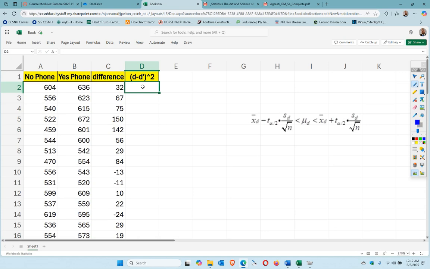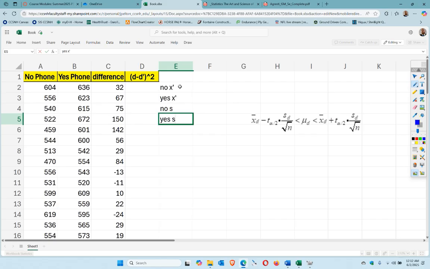Okay. All right. So the things that I need now is the no mean, the yes mean, the no standard deviation, and the yes standard deviation, right? That's the things we need. Equals, equals, equals, equals.